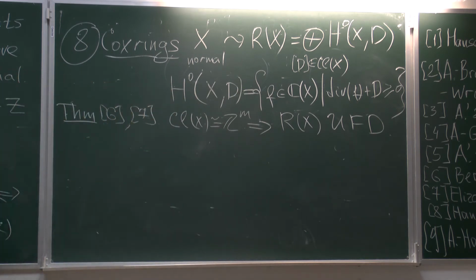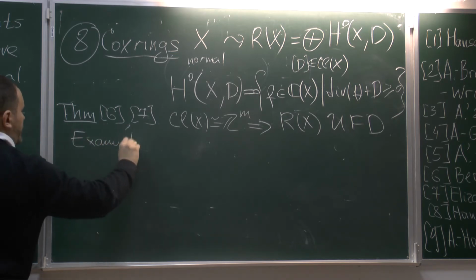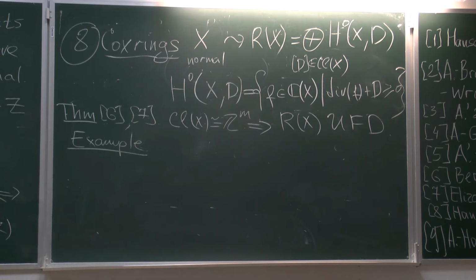And in general, if it's not free, we always have this graded factoriality. We always have this unique decomposition into primes for homogeneous elements. But UFD we have not always. And I would like to propose to you the following example, exercise. Just to feel how, okay?